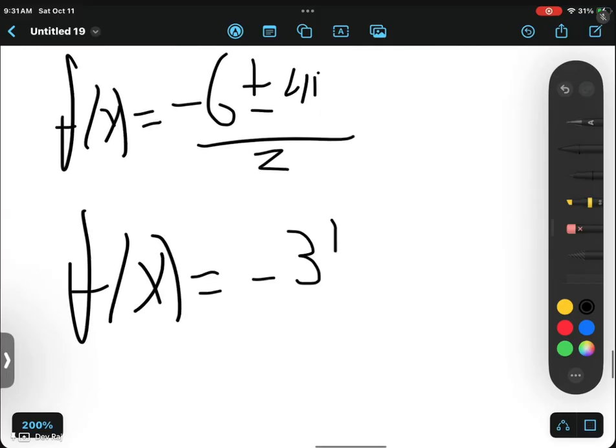Negative 3 plus minus 2i. Yeah. Just keep in mind that we have to simplify or reduce the problem to the most reduced form it could be at, right?